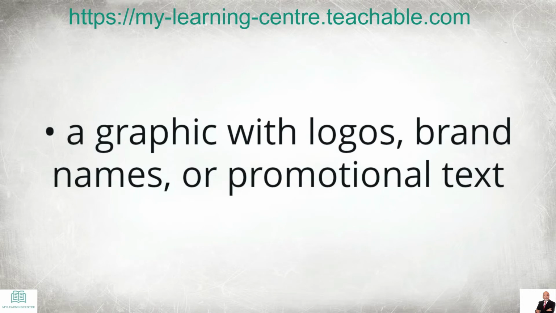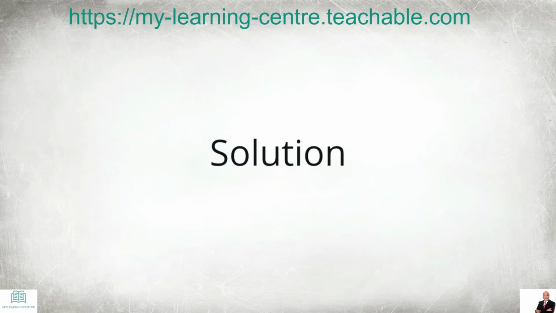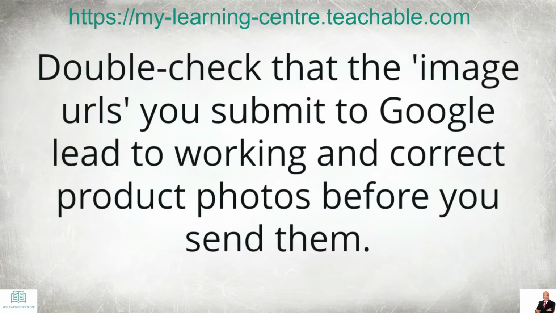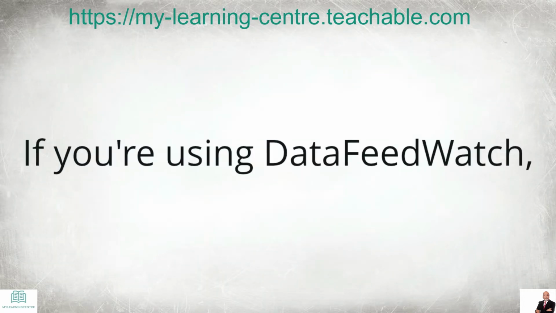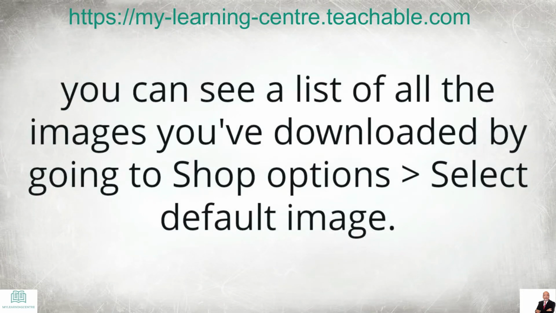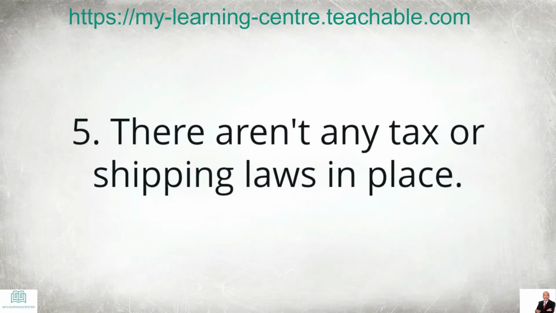A graphic with logos, brand names, or promotional text. Solution. Double-check that the image URLs you submit to Google lead to working and correct product photos before you send them. If you're using Data Feed Watch, you can see a list of all the images you've downloaded by going to Shop Options, select Default Image.